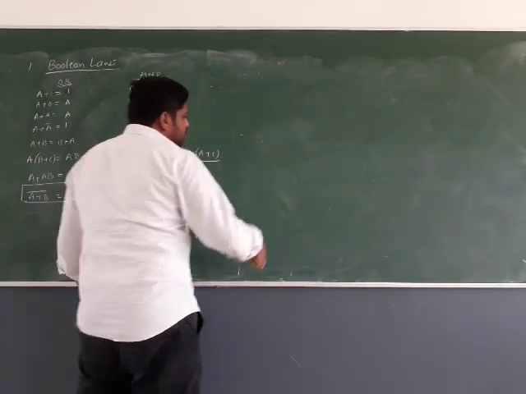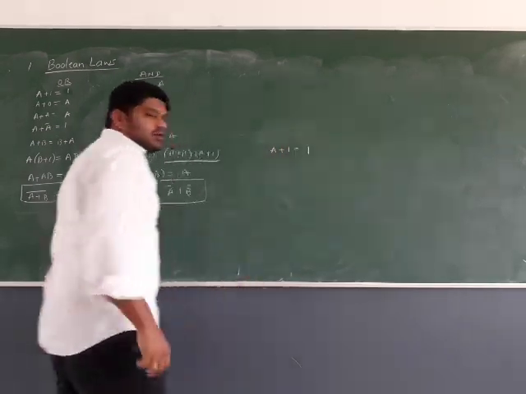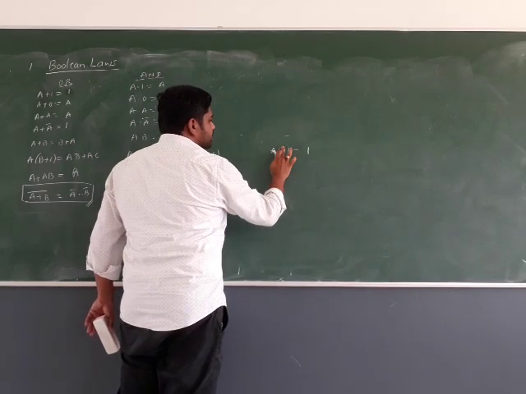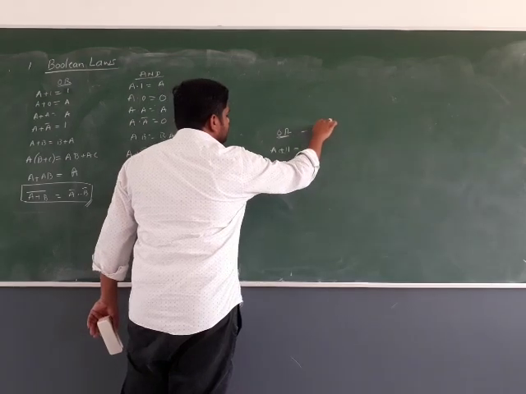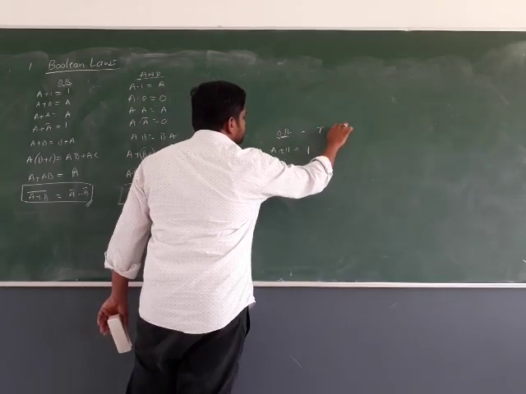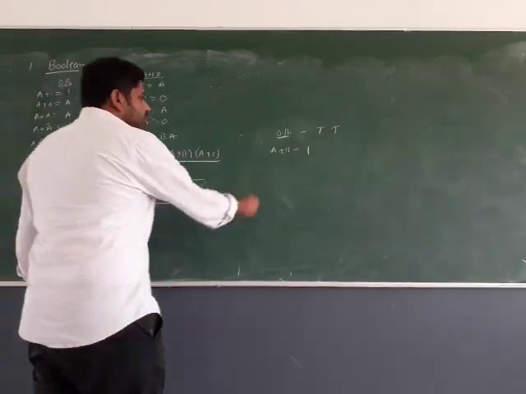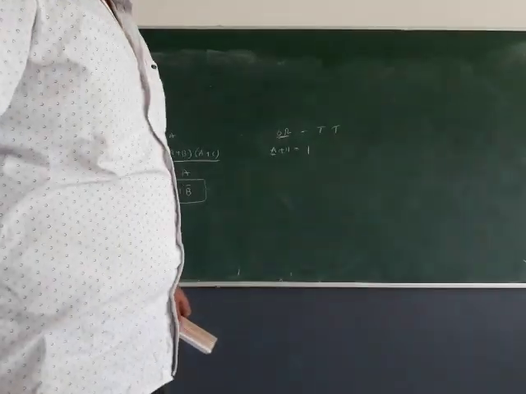Let me take rule number 1, that is A plus 1 is 1. See here, what is the operation? The operation name is OR. Please refer to the OR logic truth table which we studied in our first session or in your basic electronics. Now, what are the 2 different formats of A occurrences?